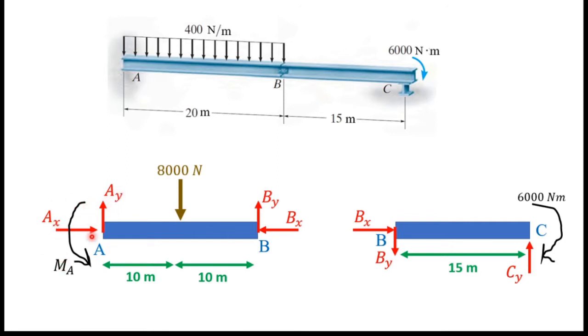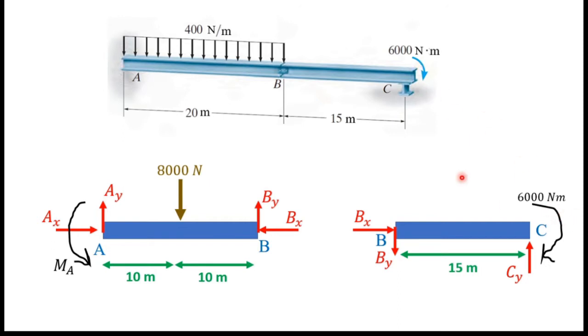Those are the three components at point A. Next I will show you the support condition of C. It is a simple support, and when we have a simply supported condition, we mark a vertical force component. So I marked CY here as the vertical force component, and this 6000 Newton meter moment is in the original problem. They have given us that value, so that doesn't matter.